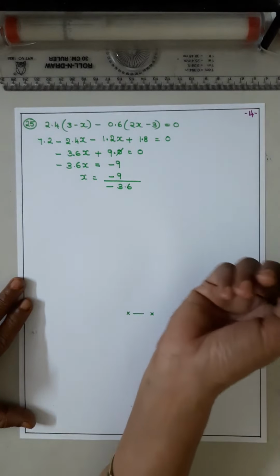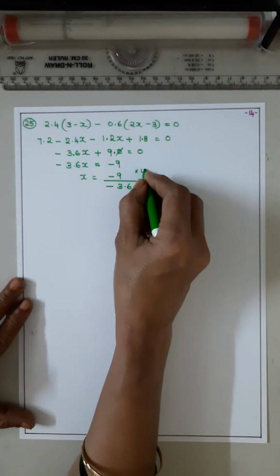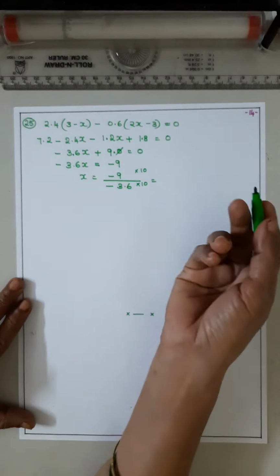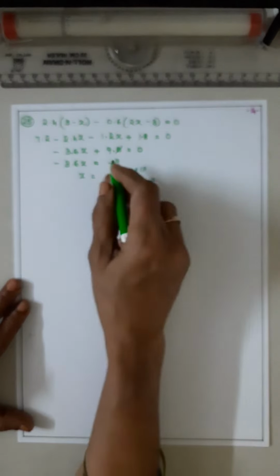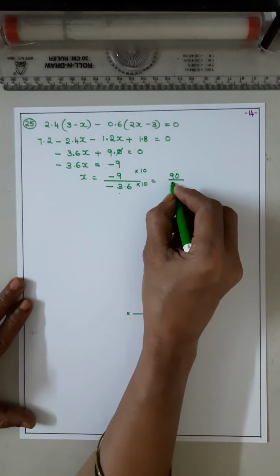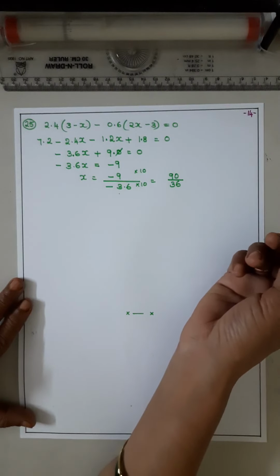Now there is a decimal in the denominator, so multiply by 10 in numerator and denominator. So minus minus becomes plus. 9 tens are 90 and the denominator will be 36. Okay.